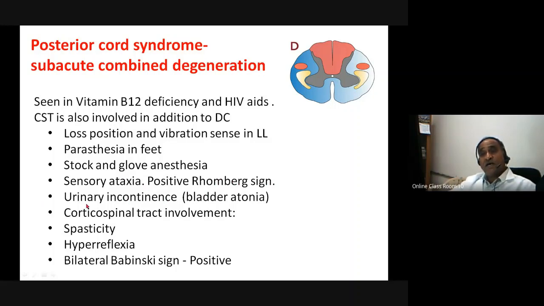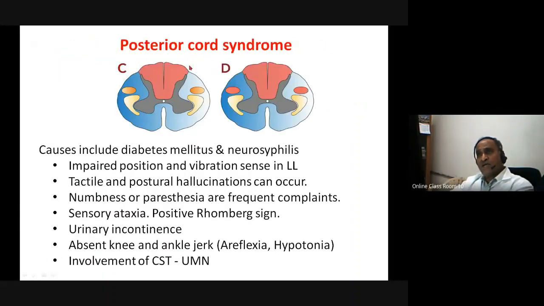There may be urinary incontinence because of the involvement of the lateral column, bladder atonia. Corticospinal tract involvement, I have already mentioned, results in hyperreflexia, a positive Babinski sign, and spasticity. The difference between subacute combined degeneration and pure posterior column lesions is the corticospinal tract.